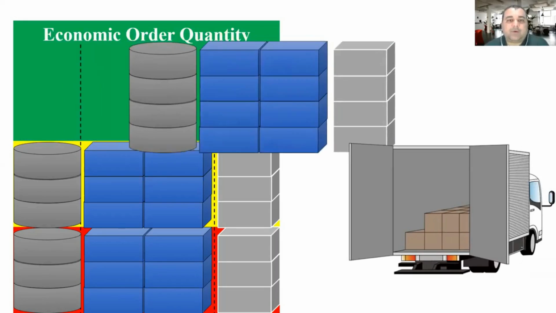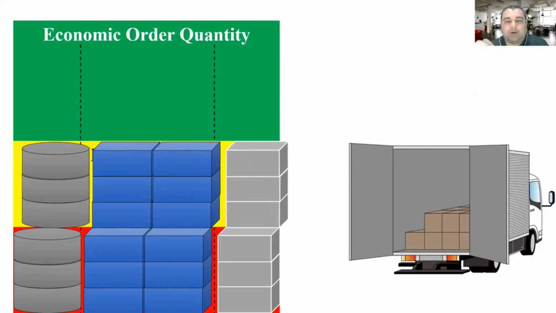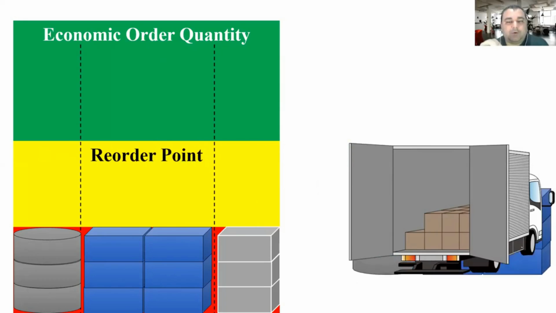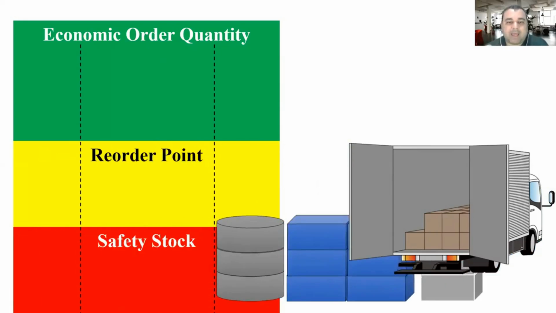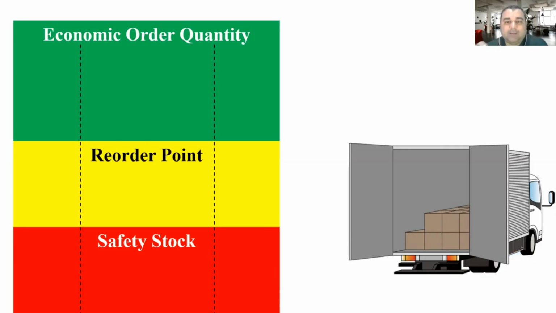So you have continuous demand of products. If there is only demand and you are always consuming this material from your stock, you end up using all the material that is in this green zone here, which is usually one economic order quantity on top of the reorder point.